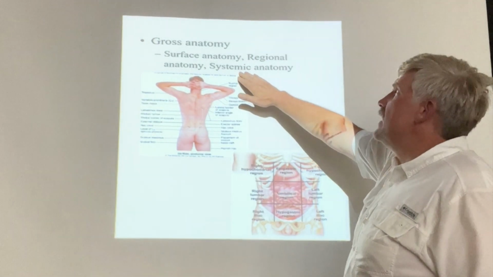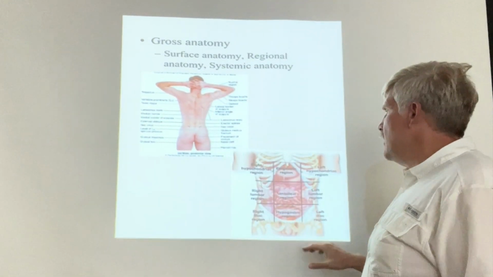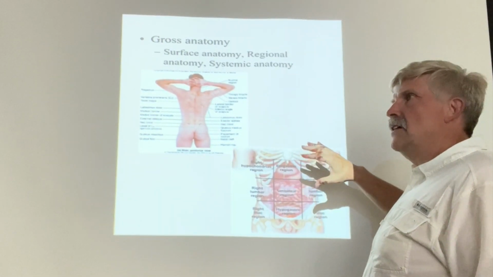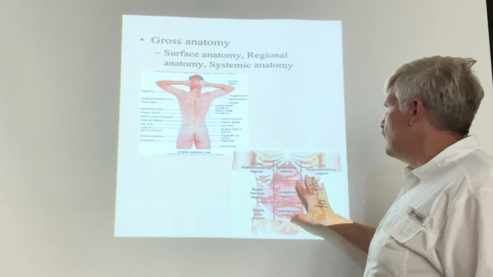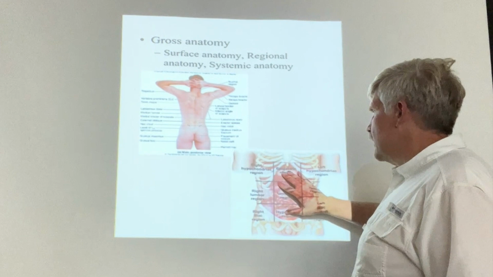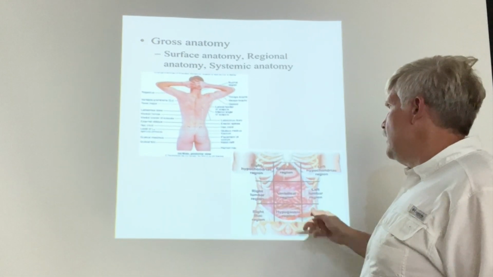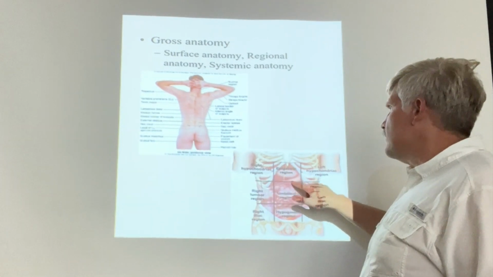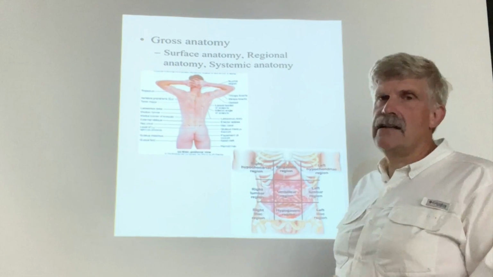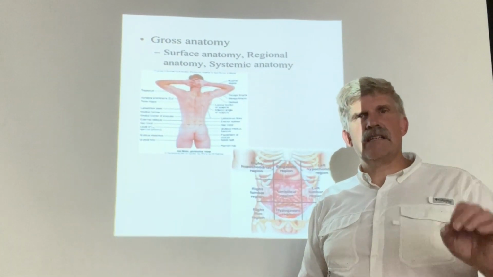Now, systemic anatomy is somewhat associated with this. When we look at a region, we might have the organs of a particular system of the body. And when we look at the abdominal region, most of these organs in here are part of the digestive system. So we have the liver, and we have the stomach, and we have the large intestine, and we have the small intestine. All of those are going to be organs within the digestive system.